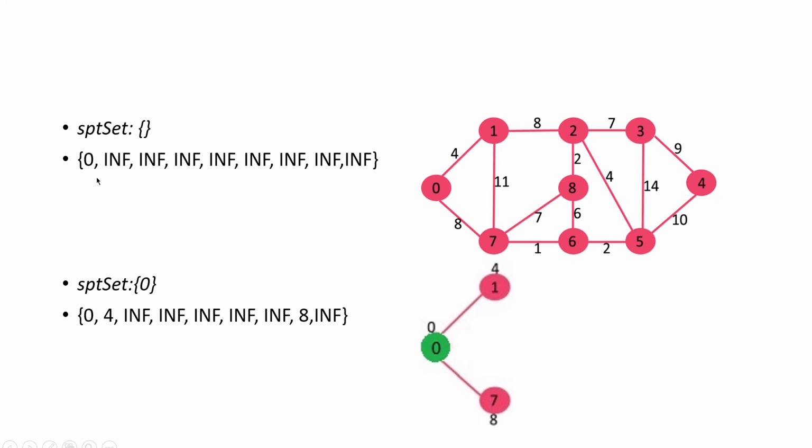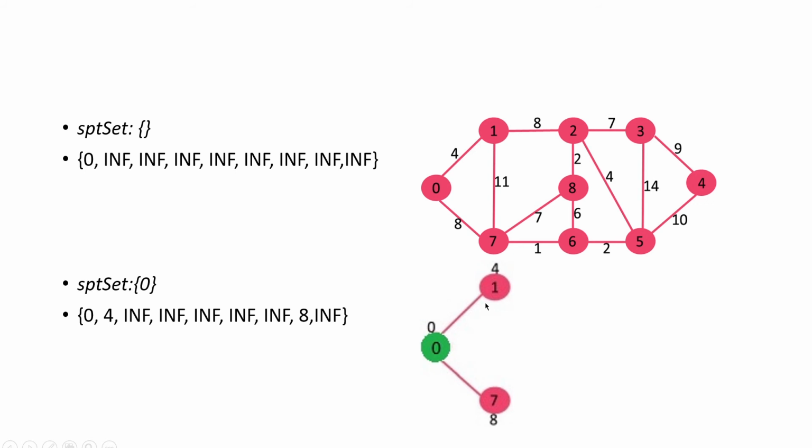So we know that vertex 0 has minimum distance to the starting vertex, and we include it in the shortest path tree set. Then we also update all vertices adjacent to vertex 0.